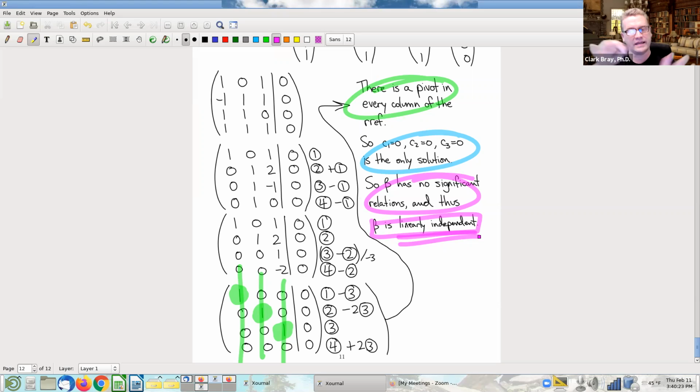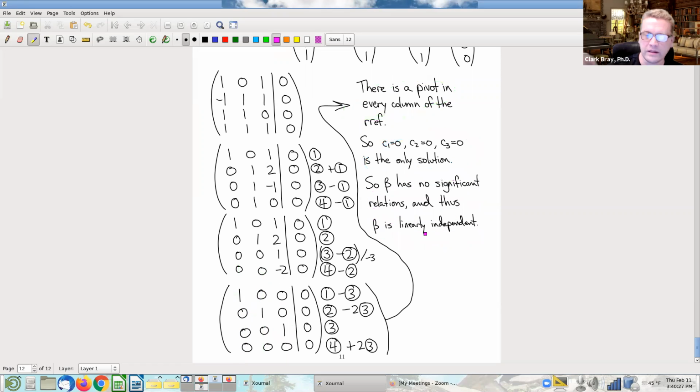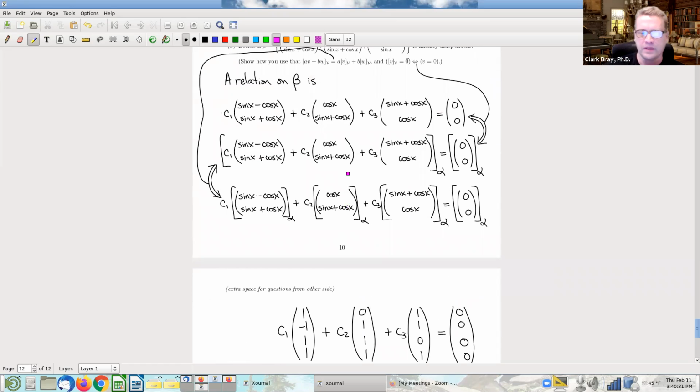So there are the details at the end here, but where did the magic happen? Where did we really solve the problem? It's right here.